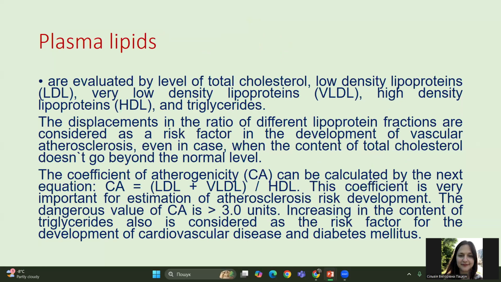Plasma lipids are evaluated by the level of total cholesterol, low density, very low density, and high density lipoproteins, and triglycerides. Also, the coefficient of atherogenicity can be calculated by the equation: the sum of low density lipoproteins and very low density lipoproteins divided by high density lipoproteins.